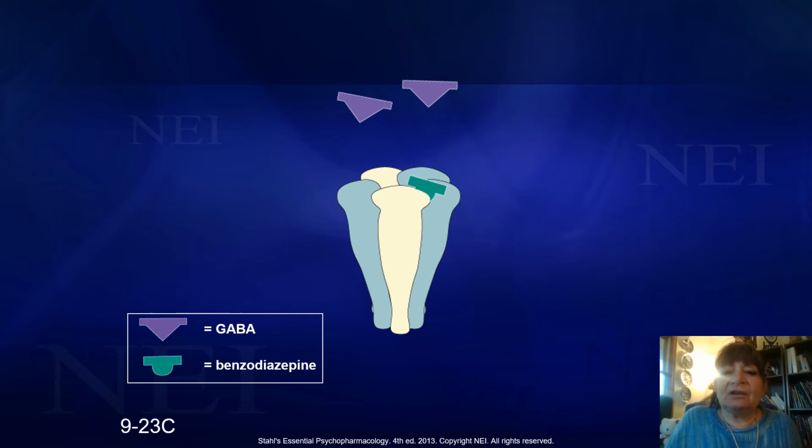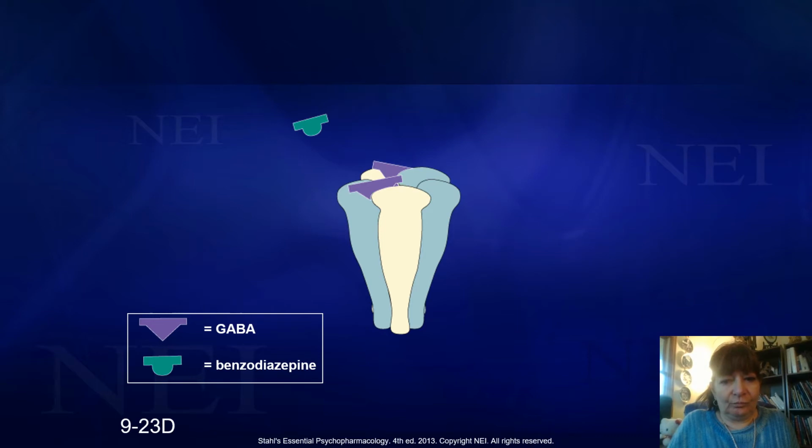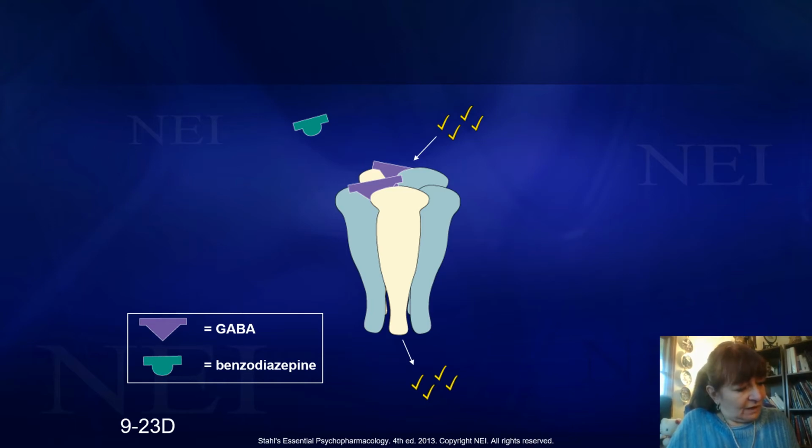So the positive allosteric modulator, or a PAM, which is the benzodiazepine, will not activate the receptor by itself. GABA has to be present. And so the benzo, or the PAM, enhances the activity of the GABA.